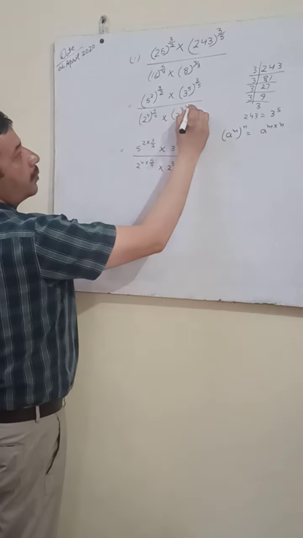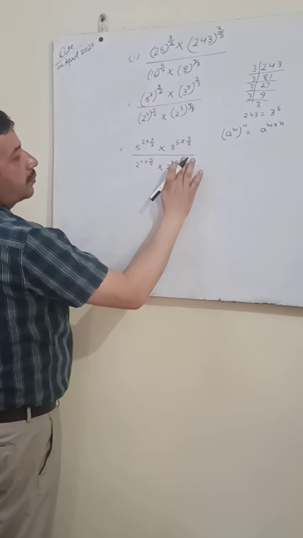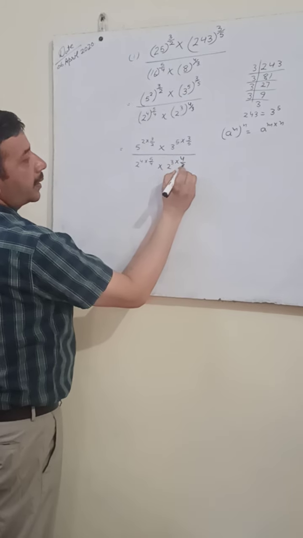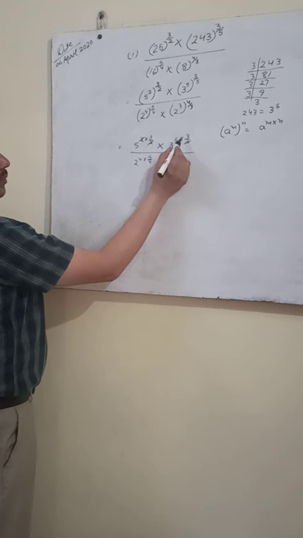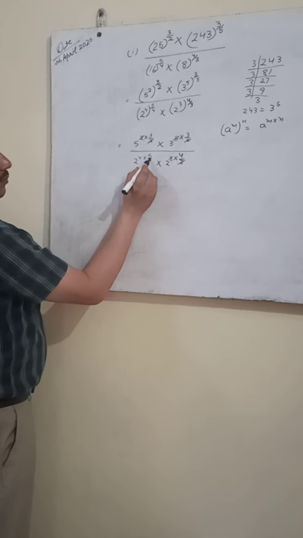Sorry, it is 4 upon 3. Right? Now you can cancel: 5 with 5, 3 with 3, 4 with 4.